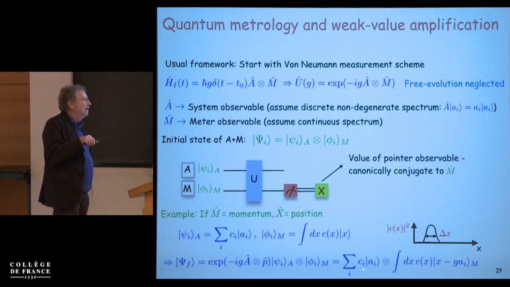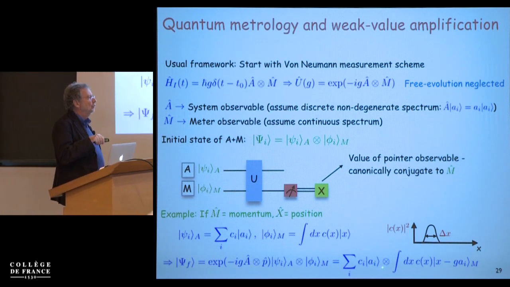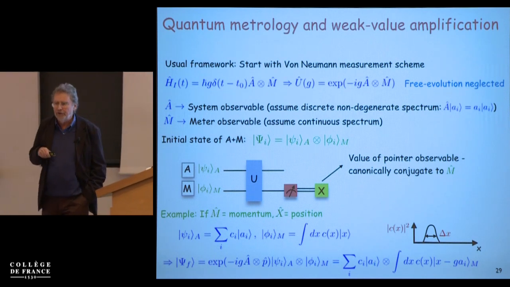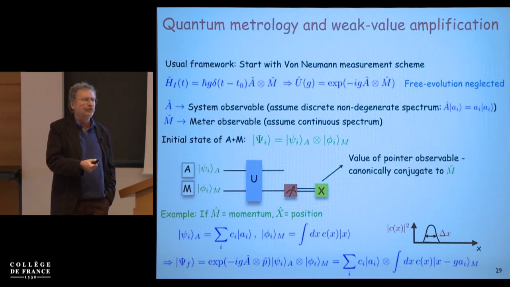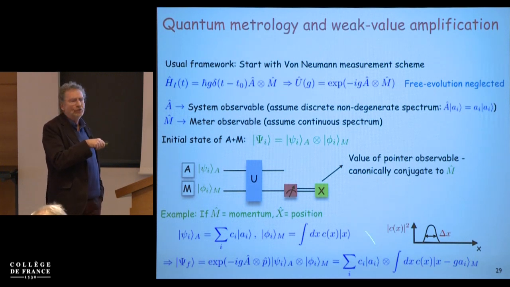So you get here an entangled state between the state of the system and the pointer, and by looking at the position of the pointer, in principle, you could know the state of the system. You measure the position of the pointer, you project the pointer into one of these eigenstates of X, and this means that you know a_i.